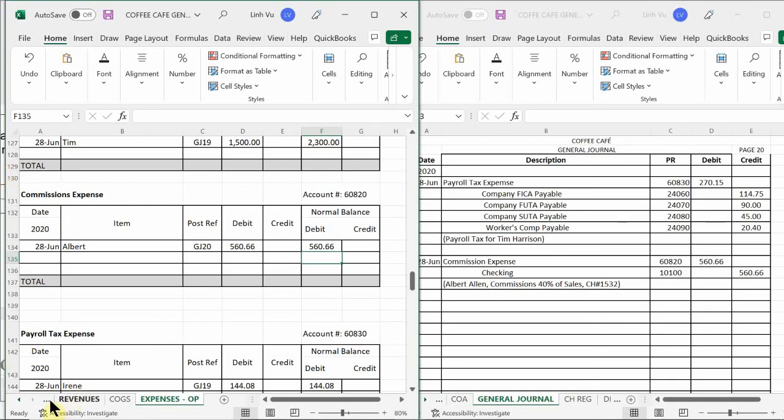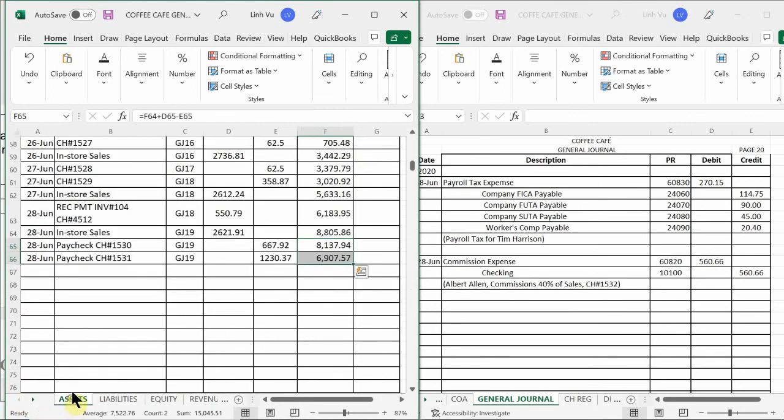And of course, we also need to update the checking account because we are making a payment to Albert. So again, commissions check number 1532 for $560.66.